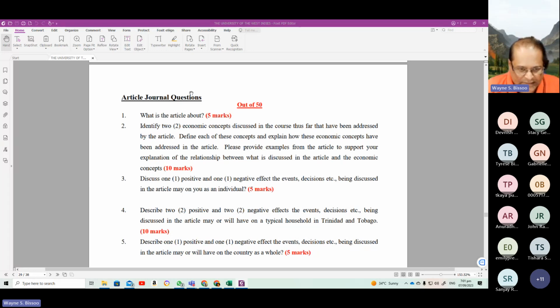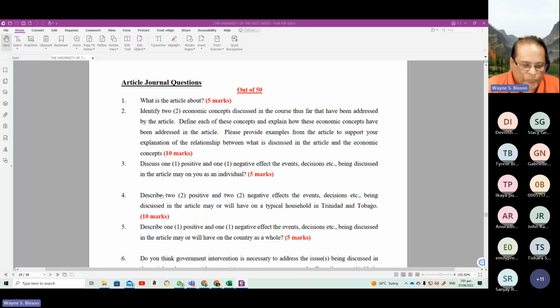So this is the crux of the whole thing, the economic concept that the article is really referring to. Discuss 1 positive and 1 negative effect of the event or the concept or the issue that you're dealing with. Describe 1 positive and 1 negative that will affect you as an individual.